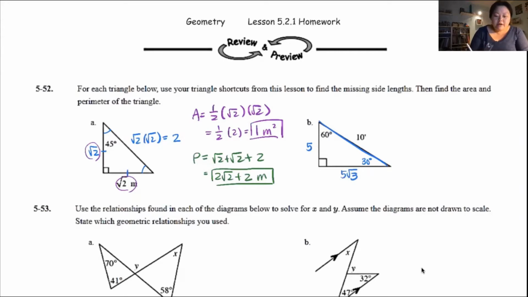Okay, perfect. Now I have all three sides. I can figure out area and perimeter. Area is 1/2 base times height. Base and height, once again, are the two legs that make the 90-degree angle. So they're going to be 5 root 3 and 5. When you're multiplying numbers like these, when it's in the root, you don't touch the root unless there's another number in the root.